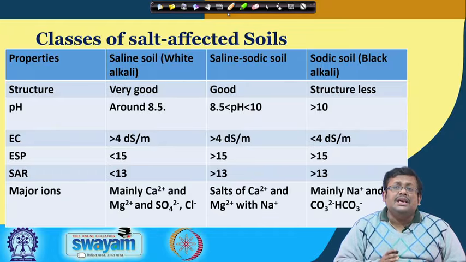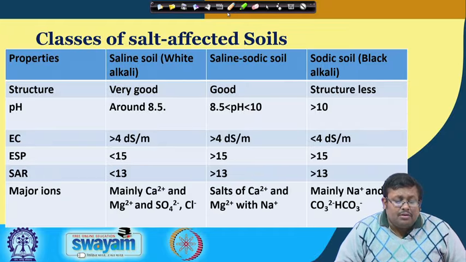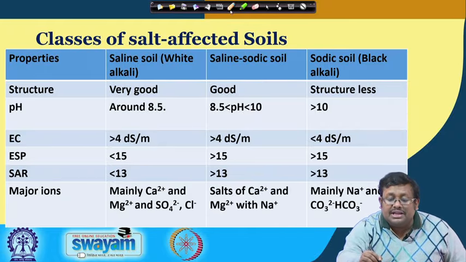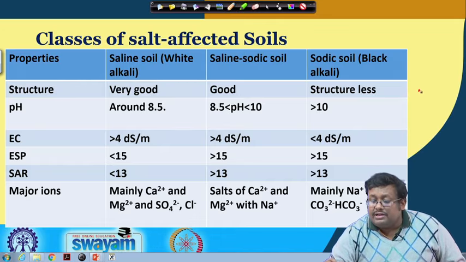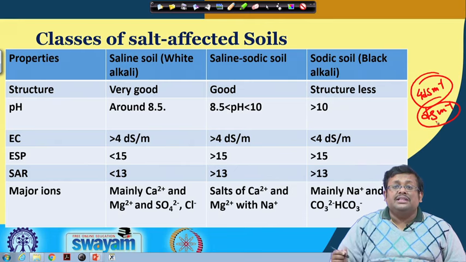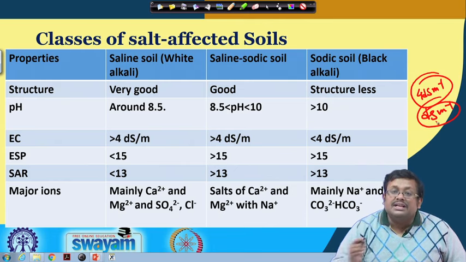Now, in case of EC, remember one thing I forgot to mention: for saline and non-saline soil, the cutoff value is 4 decisiemens per meter. Decisiemens per meter is the unit of measuring electrical conductivity, and 4 is the critical value.